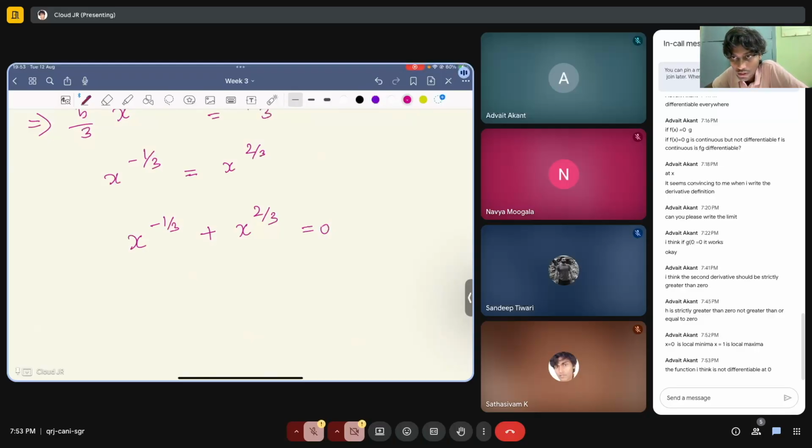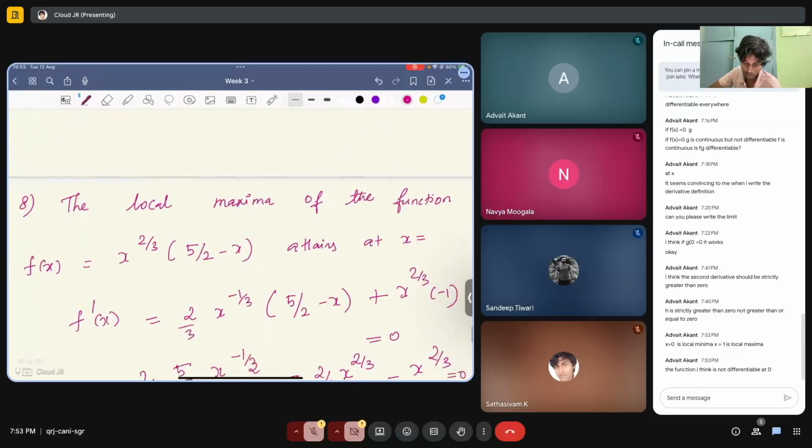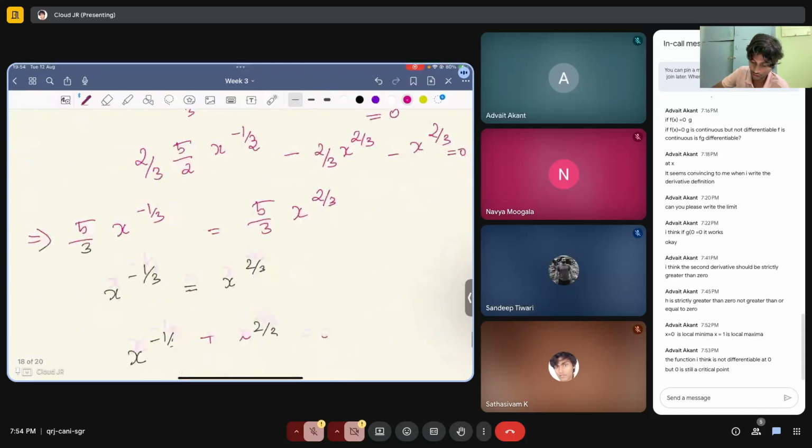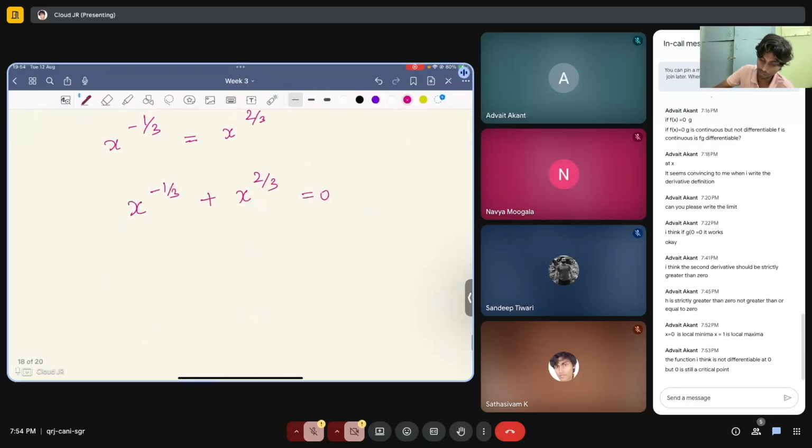The function I think is not differentiable. Yes, that's what I also got confused about now. How do you differentiate at x equal to 0? The function will not be differentiable at x equal to 0. So at x equal to 0, we probably have to treat it separately. So let's leave the point x equal to 0. Other than x equal to 0, we'll proceed, okay?